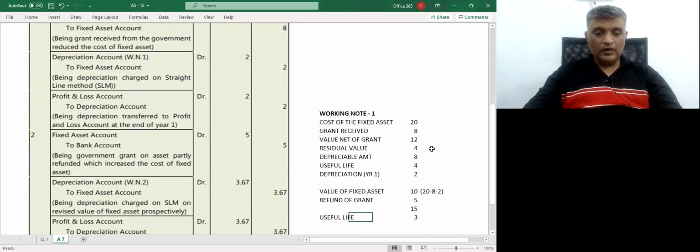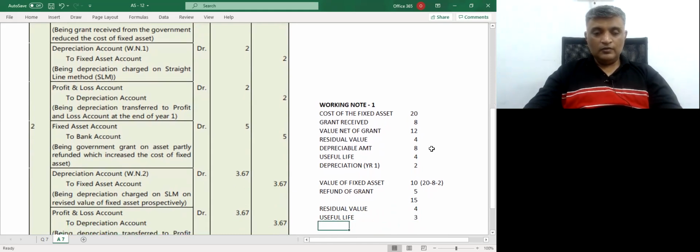Before that, let's talk about the residual value. It's again 4 lakhs. So what is the useful life? 3. So what is the depreciation charge? Is it not 11 by 3, which is 3.667? How? 15 minus 4.